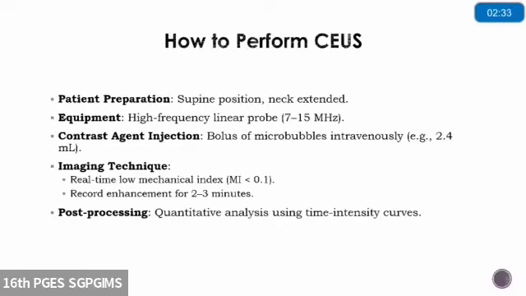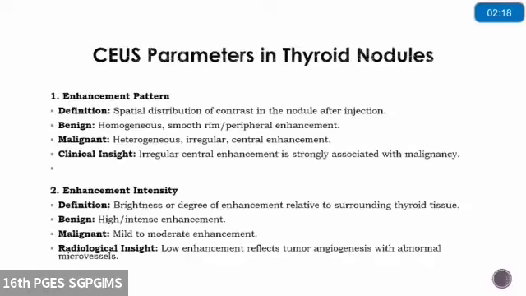So how is it performed? It is performed on the same routine ultrasound machine that we have. The settings are changed to low mechanical index, and an intravenous injection of the contrast agent is given. Within 2 to 3 minutes, the thyroid gland lights up, and based on the enhancement patterns, we can determine whether the nodule is benign or malignant.